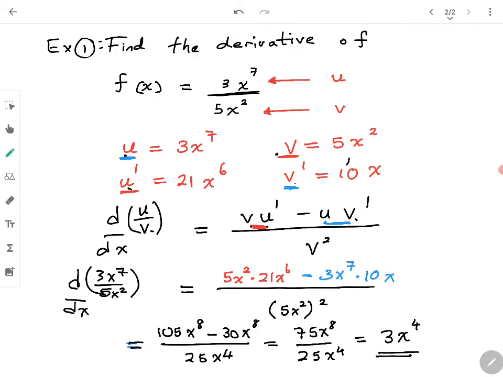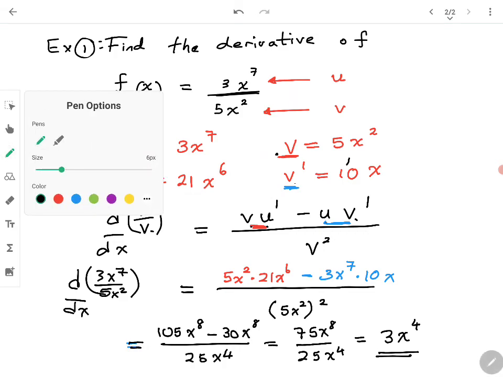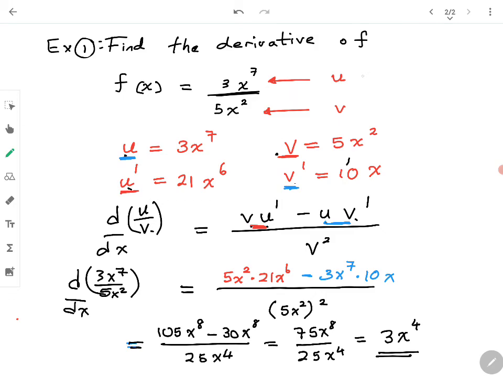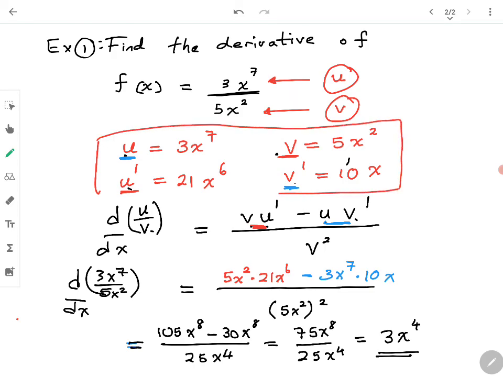So that's how we apply the quotient rule to find derivatives. It's very similar to what we did for the product rule. First identify what's u, what's v, then the next step is finding these four terms. So you have u and v, so you find u prime and v prime. Once you have all four terms, just plug them into the formula and then simplify to get the final answer.